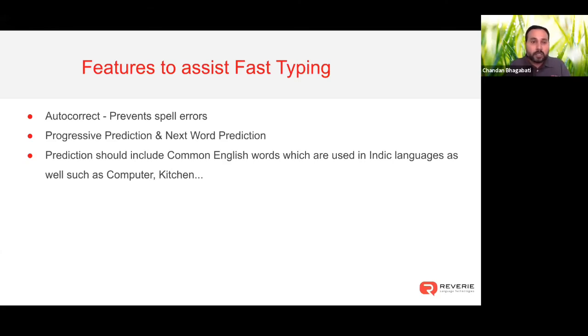And specifically, I would like to emphasize the autocorrect part, because there is a big difference in the nature of mistakes, the spelling mistakes done, for English and for Indian language.